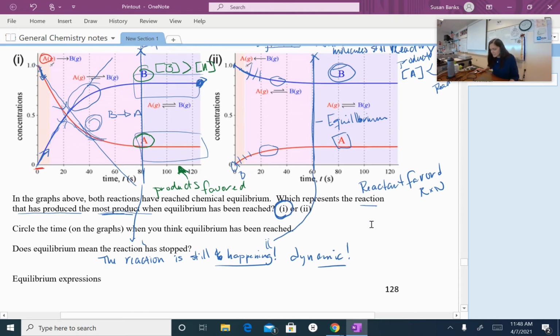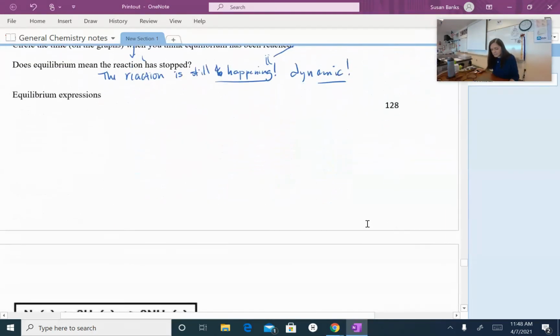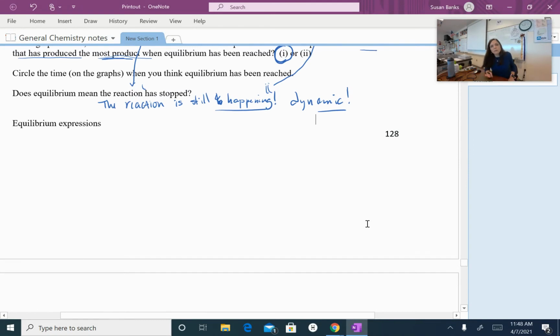Okay, let's get into making equilibrium expressions. Now, when we write equilibrium expressions, we always like to do this. We will have an equilibrium constant, and this will be some number. And this is a number.